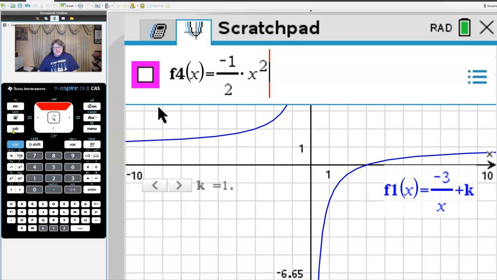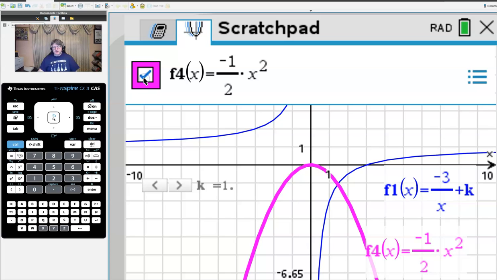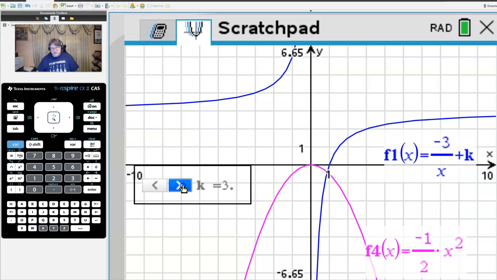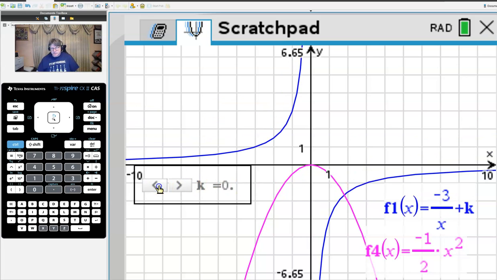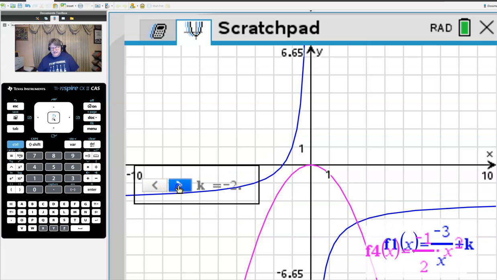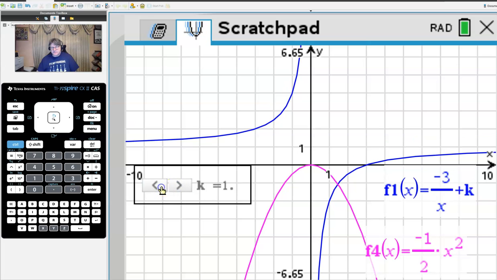Maybe it's this one, -1/2 x squared. Let me check that one on and see if it looks perpendicular to the curve at every point x. I don't think we're going to be perpendicular all the time, so I don't think that was a good option for us.